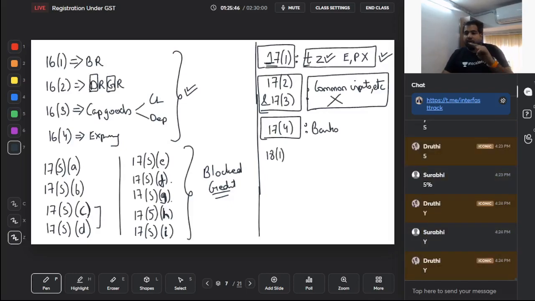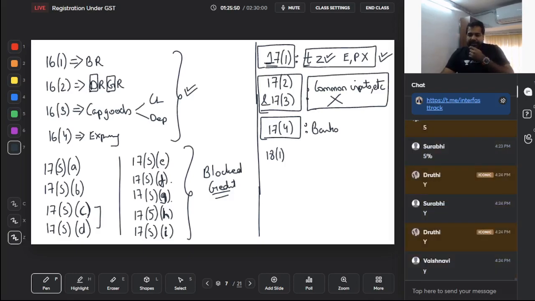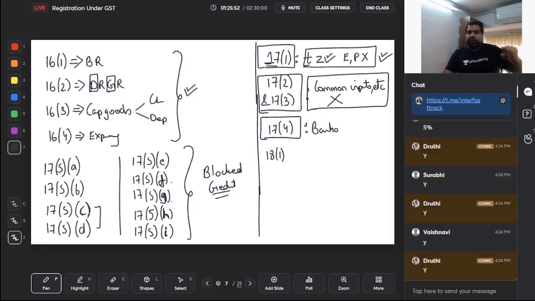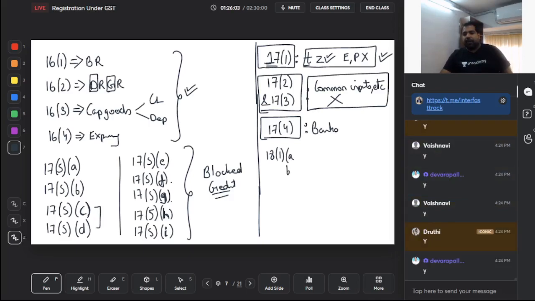Please tell me, in all the situations, is the government happy? Yes. In the first 2, do you get for stock credit? Yes. But for capital goods, you don't get. In the second 2 or in the last 2, do you get for stock also and capital goods also? Yes. So the section is A, B, C and D. And the shortcut is, guys, the shortcut is here: register voluntarily or credit expires.